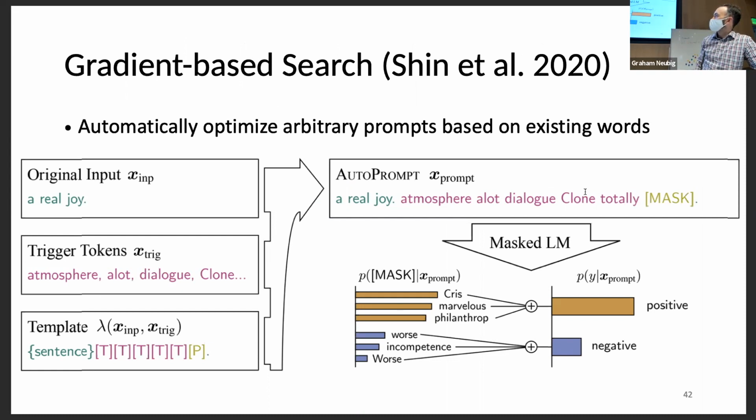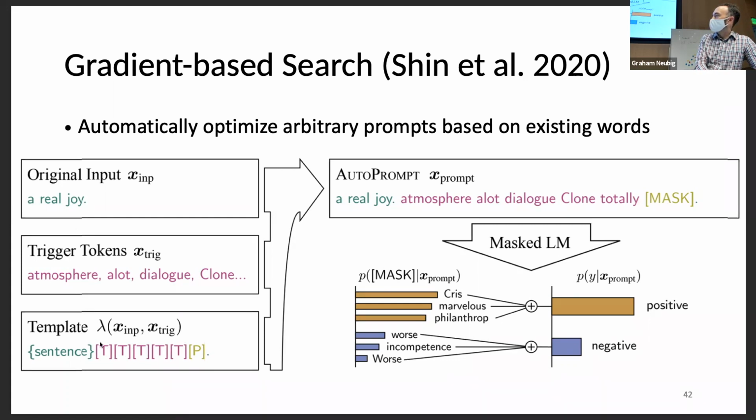This method, which is called AutoPrompt, instead of searching for prompts that actually exist in the text, blanks out these prompts, and then does backpropagation into the embeddings to find the ideal embeddings that would give the highest probability of getting the answer correct.